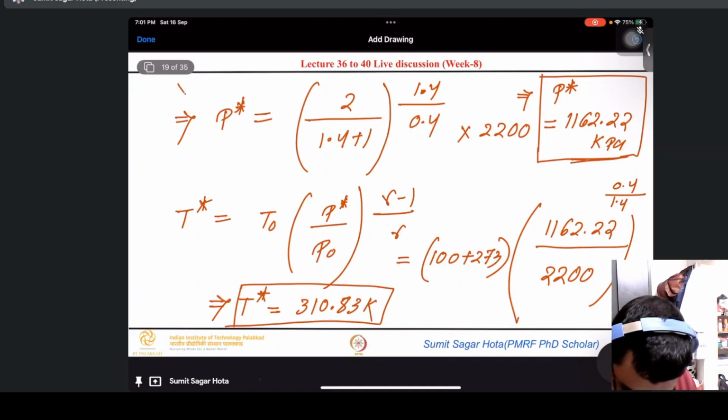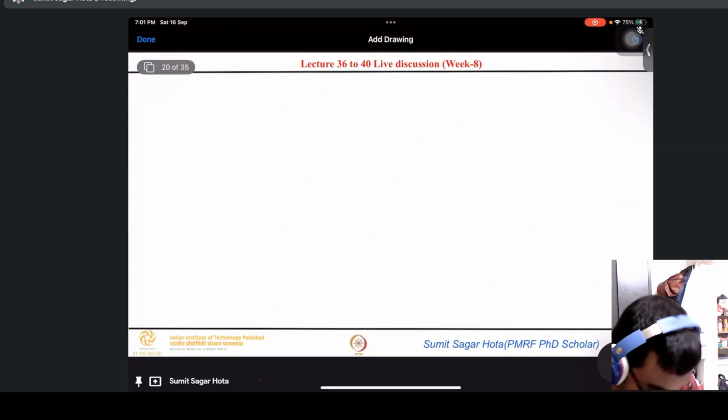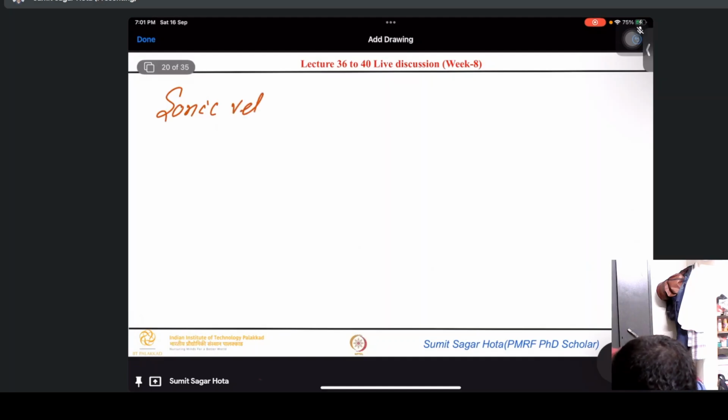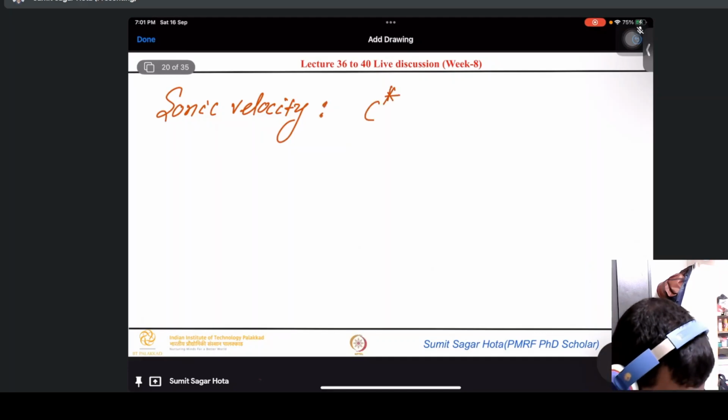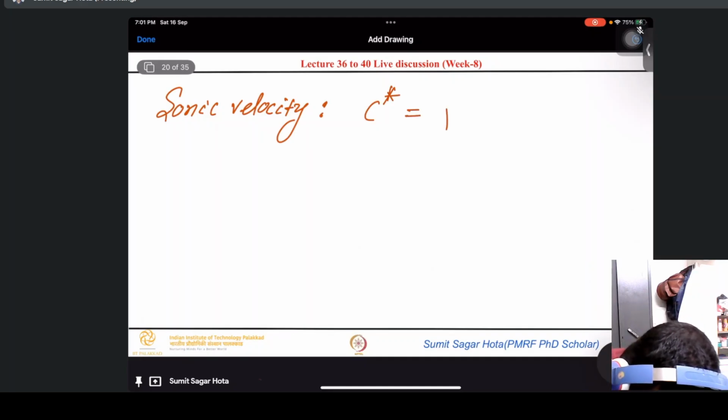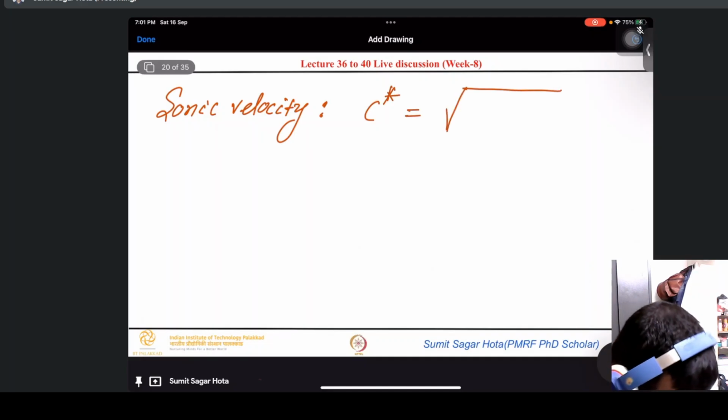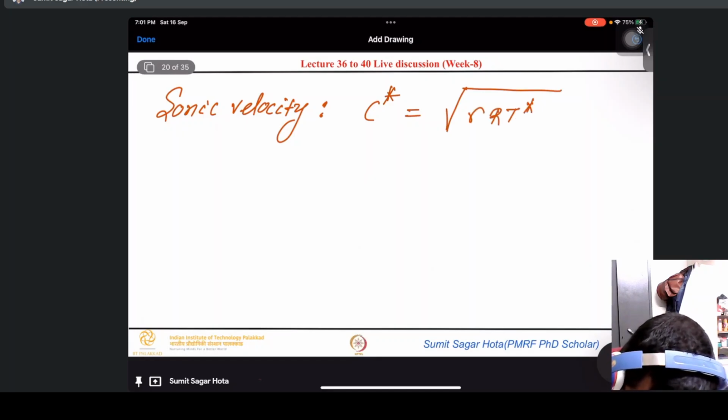Now our work will be easy. What is sonic velocity? Sonic velocity is always represented by C star, the square root of gamma R T star.